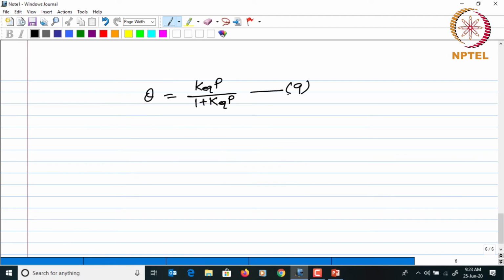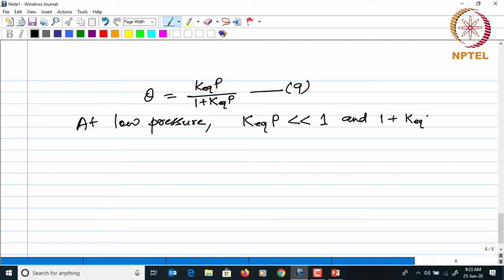So you can see that at low pressure, this term is much less than 1, and therefore this can be taken equal to 1.